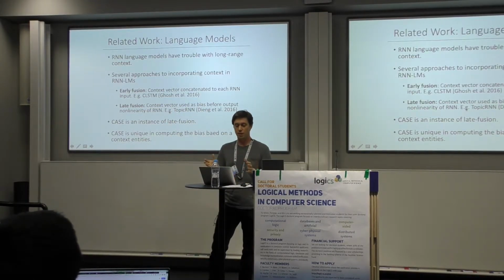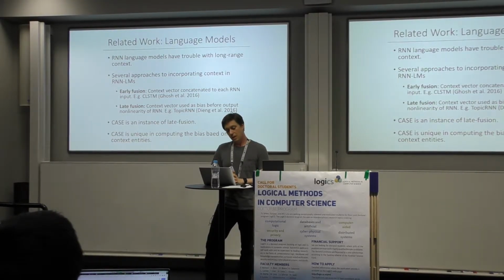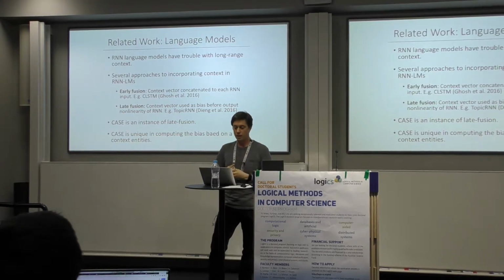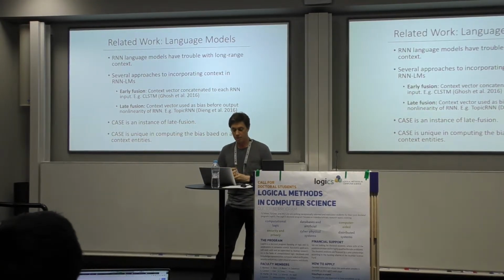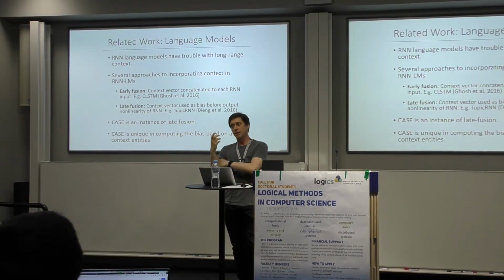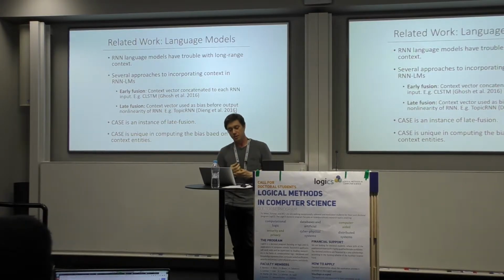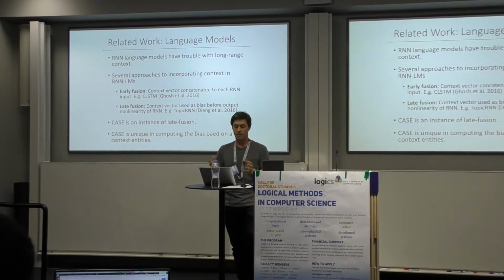So I want to mention some related work to this in language modeling. As we heard earlier today, RNNs have trouble incorporating long-range dependencies or context. And so there have been some approaches to this. You can take a context vector and append it or concatenate it with your input at every stage to the RNN. And that's what has been called early fusion. An example would be CL-LSTM, context LSTM.